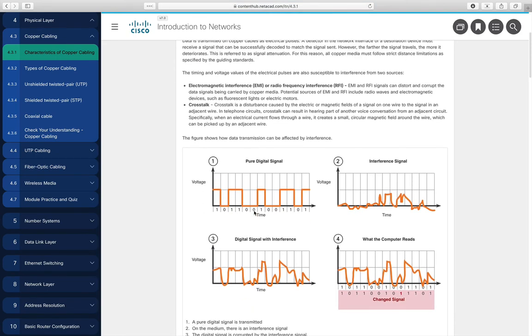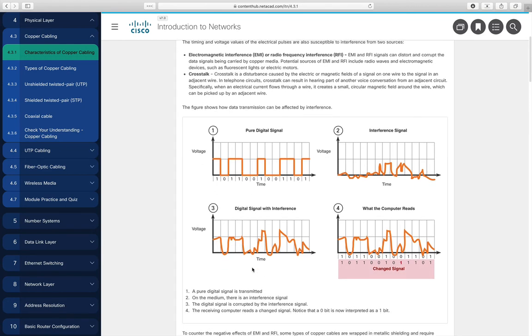So to kind of show you the problem, here we have a pure digital signal. This is what we hope we are transmitting to represent the strings of ones and zeros. If we are having interference introduced on the cable transmitting this signal, these are going to add together. And this is what the voltage is going to look like with the interference.